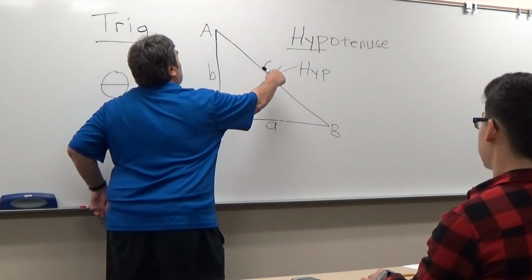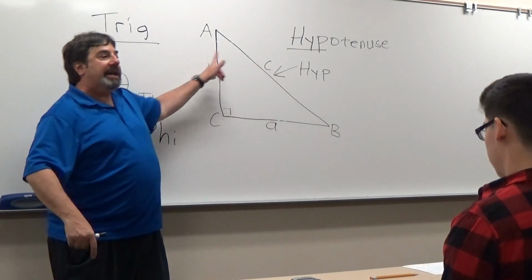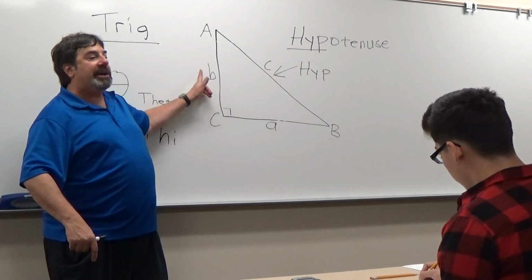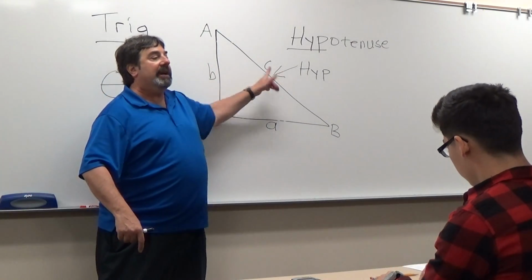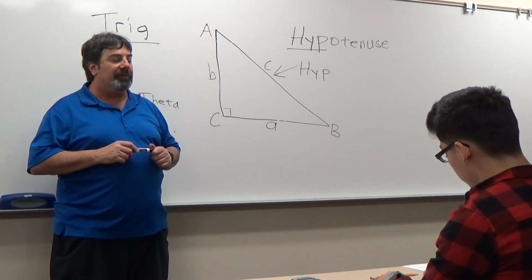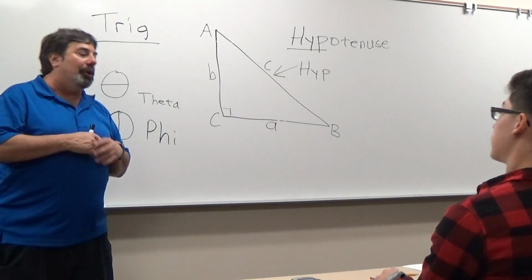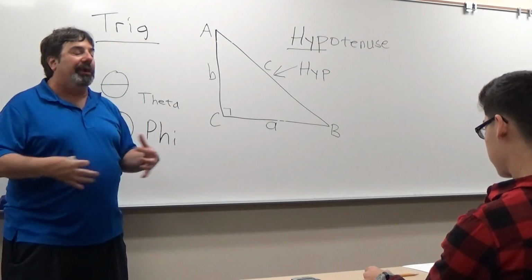So lowercase c will always be longer than either one of the other sides, a or b. So lowercase c, the hypotenuse, will always be the longest of the three sides. Okay? Very good.